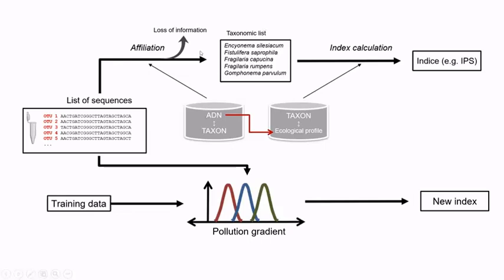The idea is, if we are not able to identify all these sequences, let's forget it, and let's give to each sequence an ecological profile, as has been done for the IPS or whatever. But for this, of course, you need training data with physicochemical data and also the DNA data. And we developed a new index based only on the sequence profiles.